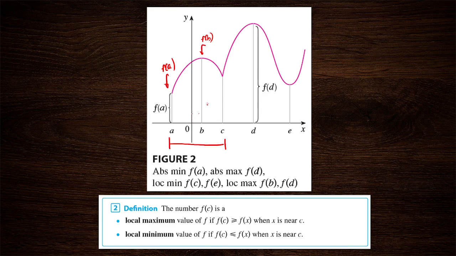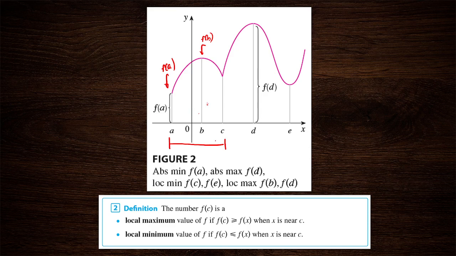It could be the local minimum, and it could be the absolute minimum, because as you could observe with the graph, since we are considering only the interval from a to c, it is the minimum, or the local minimum. And if you expand the curve, it is the lowest value that we could get.